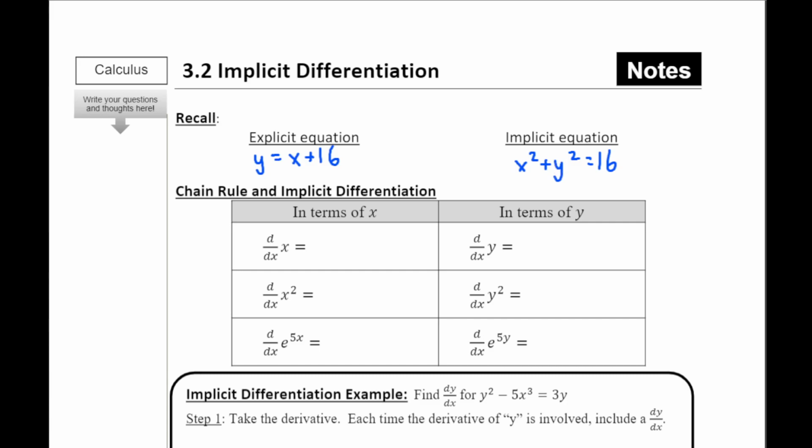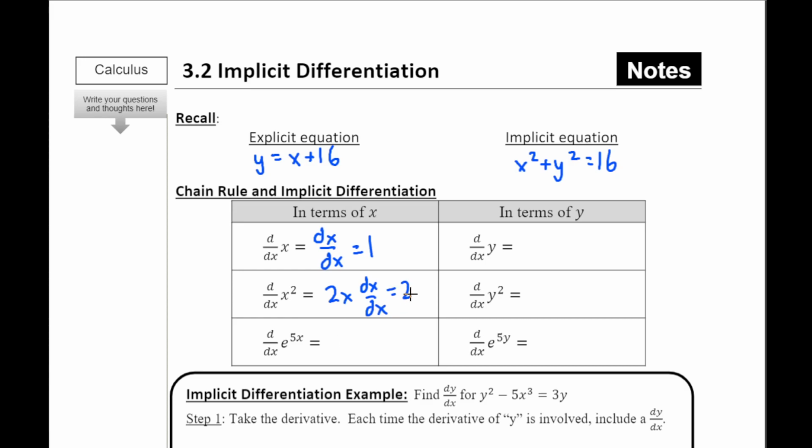So far we've been doing all of our derivatives in terms of x, right? The derivative of x is just 1. Technically, it's dx over dx, which is equal to 1. The derivative of x squared is 2x dx, because we're differentiating with respect to x over the dx.